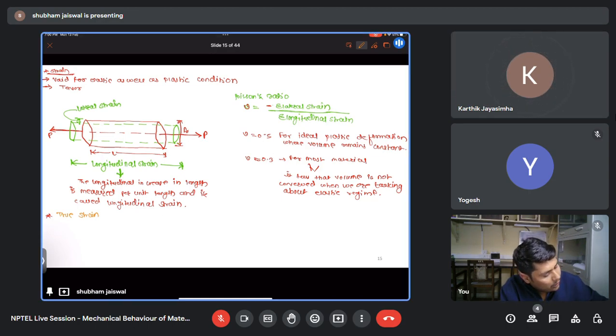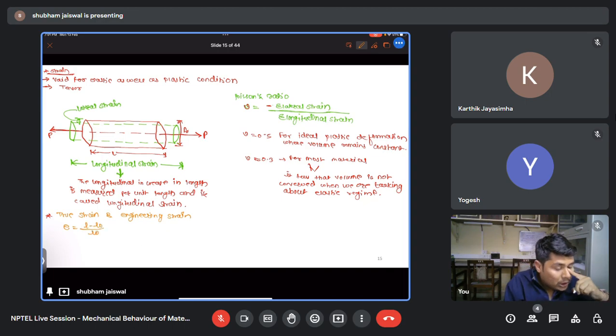So we have seen the true strain and engineering strain. The engineering strain is given by (L minus L naught) over L naught. That is, it is the change in length to the original length.